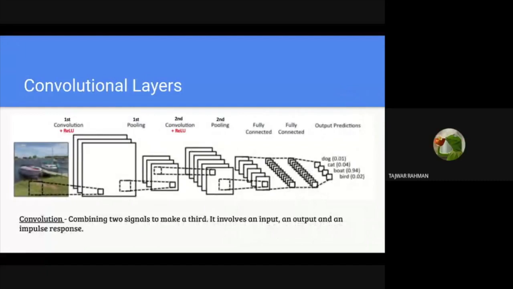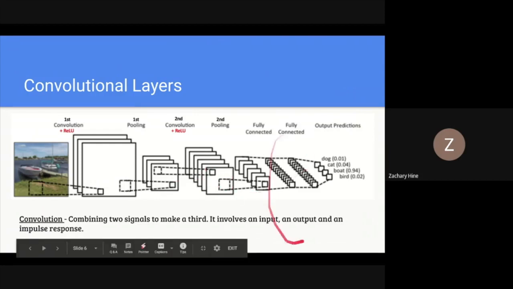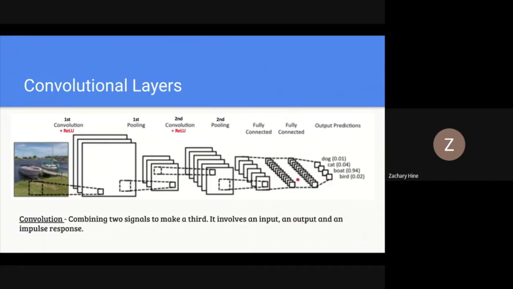Yeah, that one. Okay. So guys, basically you can think of a kernel as this square in the leftmost image, and what it's doing is going over each part of the image and looking for certain patterns that are important for classifying the image. For example, it could look for the edges on the boat, and then map that information to the next layer.